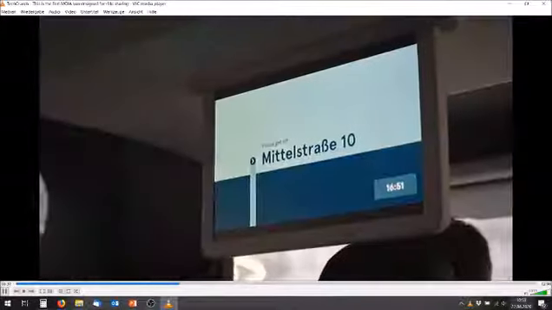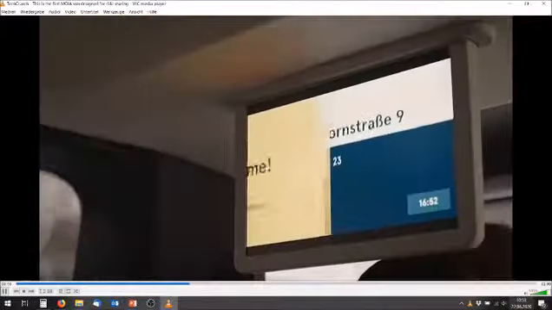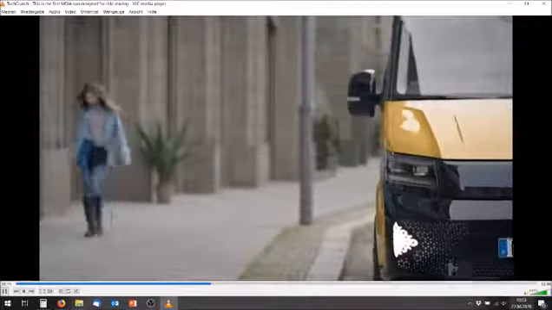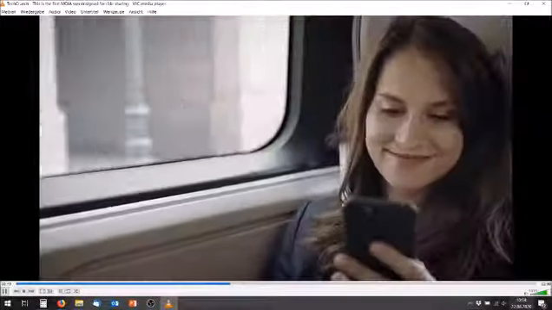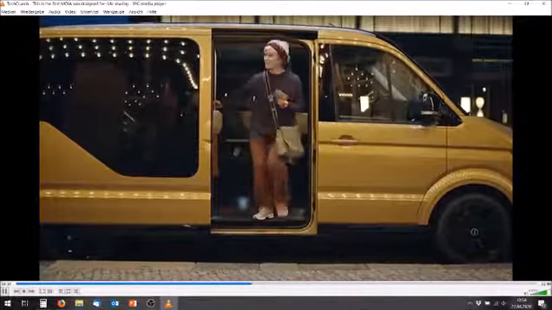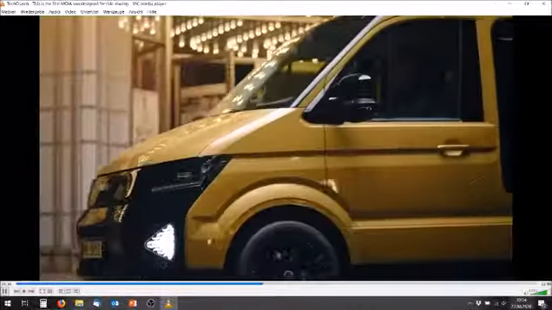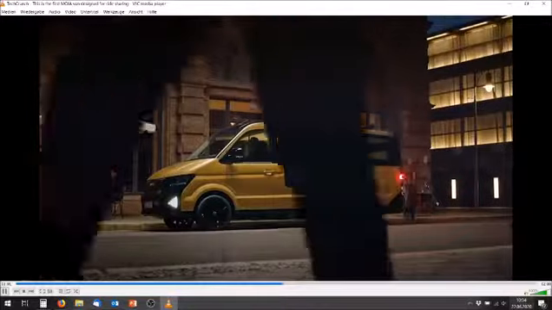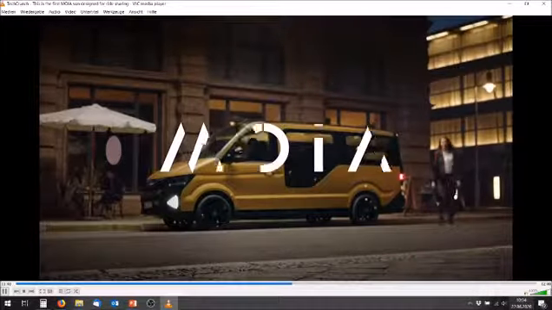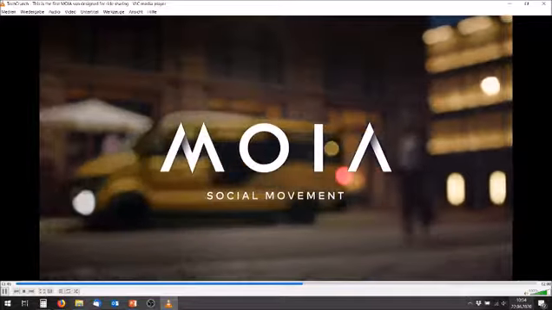You make finding one easy and minimize the amount of time waiting. And because the ride is shared, we can reduce congestion of our cities by 90%, with a price cheaper than a taxi. By doing this, we'll return cities to the people, one seat at a time. Introducing Moja, social movement.